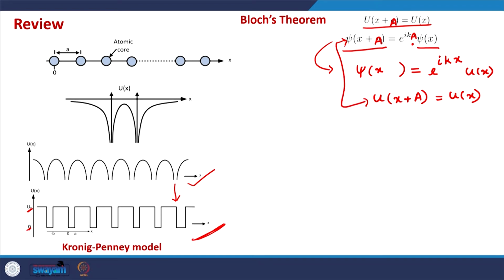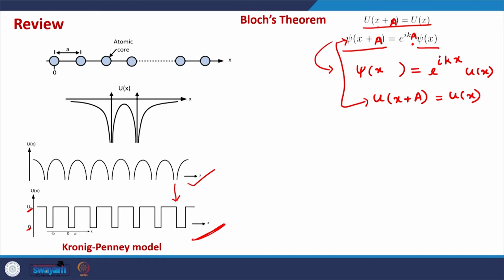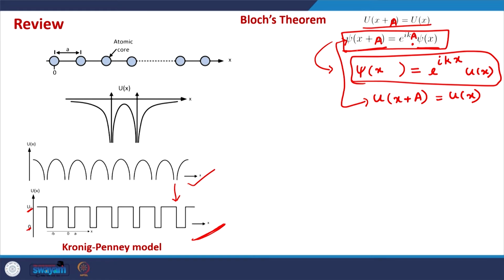But what is the physical implication of Bloch's theorem? Physically, it has made our job very simple, because now we need to solve the Schrodinger equation in just one period of the potential profile, and by using Bloch's theorem, either this statement or this statement, we can find out the wave function of the electron or of any particle anywhere in the solid.